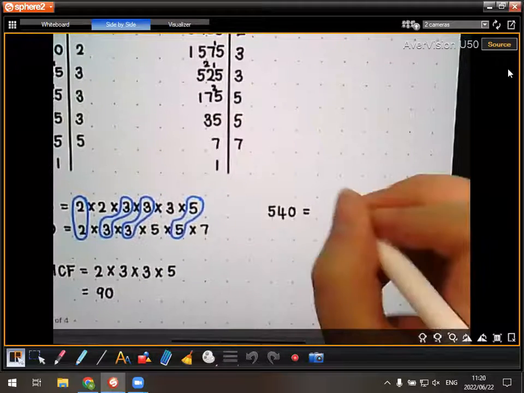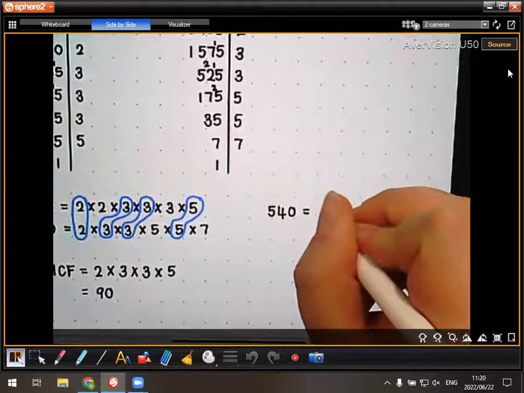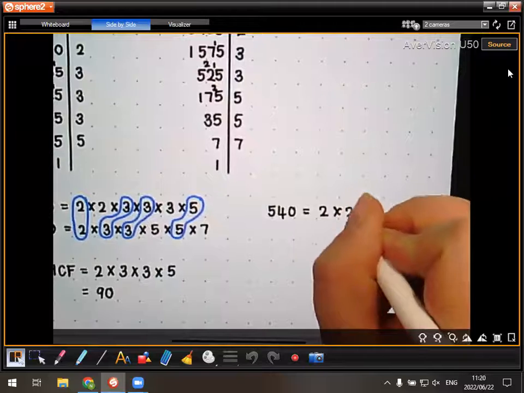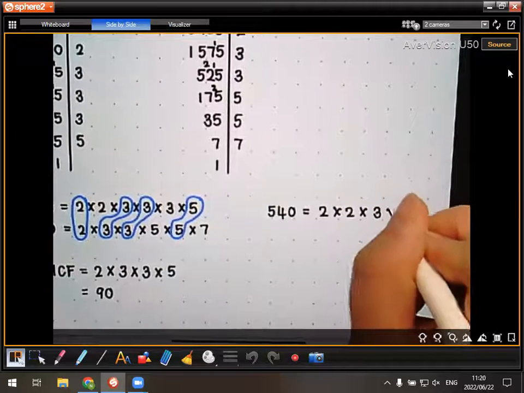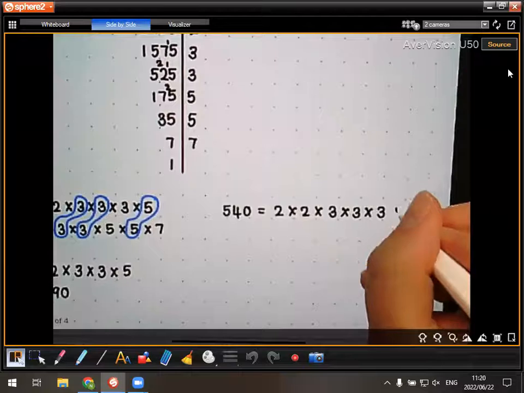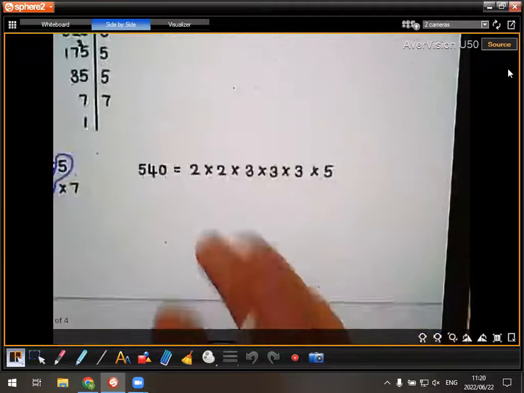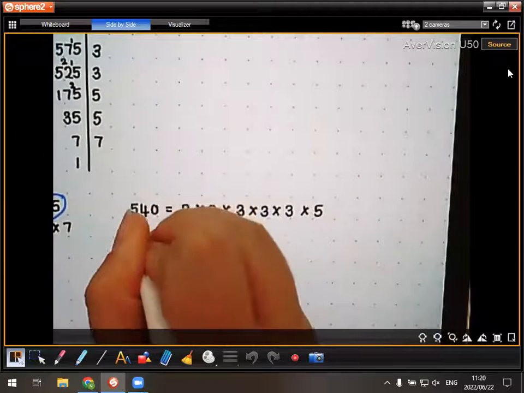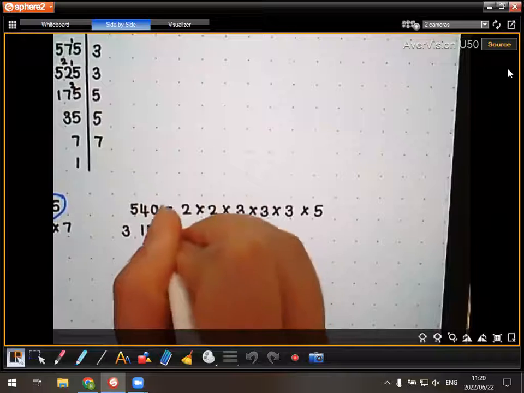If you line them up. So if I'm doing 2 times 2 times 3 times 3 times 3 times 5, sorry, I'll move that back just now. And then the other one was 3,150 equals.